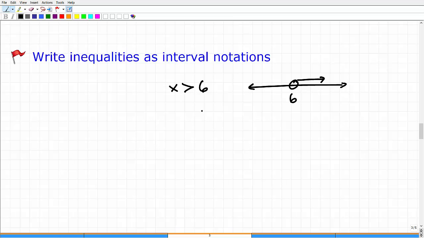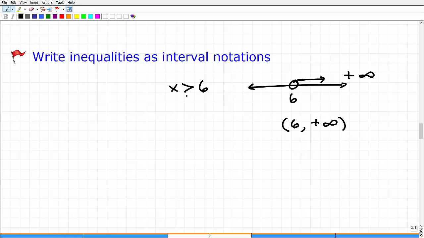So for the interval notation, it would be open parenthesis, 6, comma, positive infinity, parenthesis, because this is going towards positive infinity. No more difficult than that.